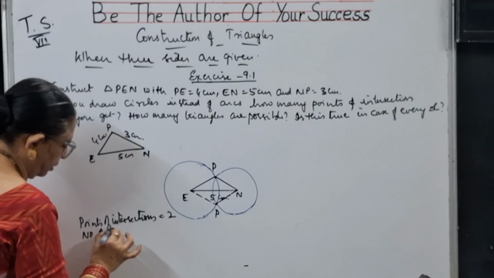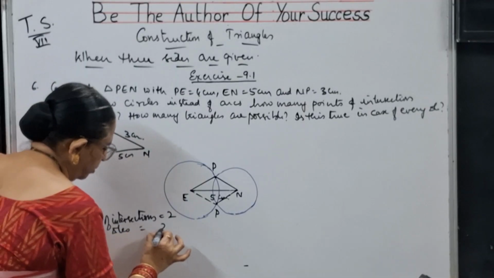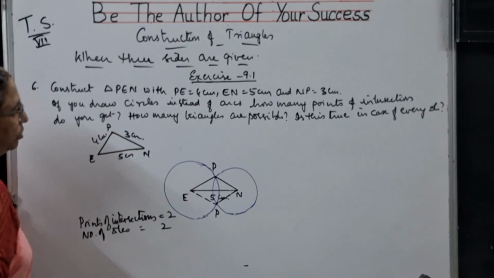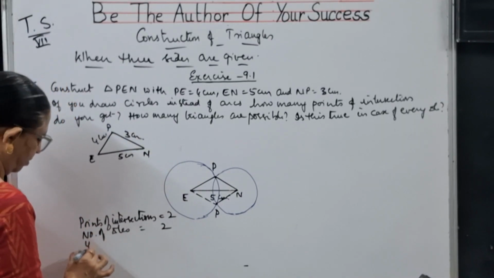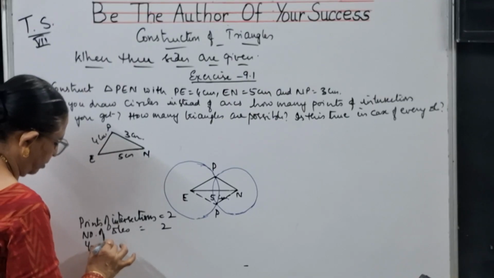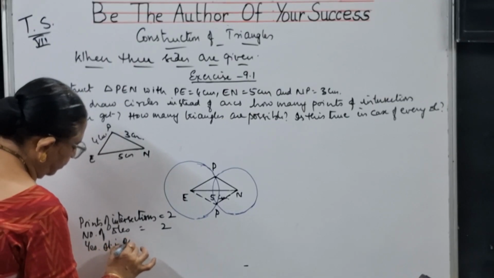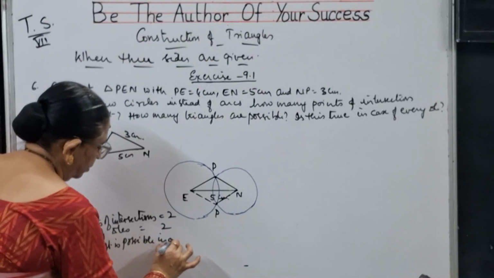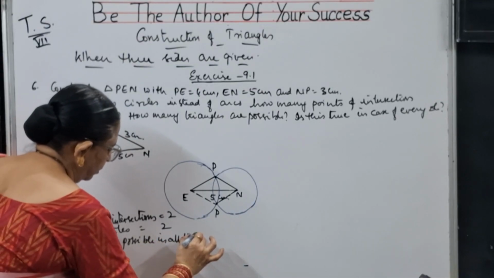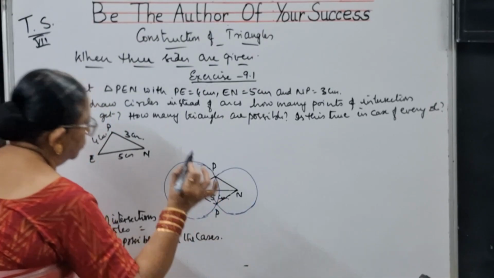Number of triangles. How many triangles you have got? That is also 2. Is it possible? True in all the cases? Yes, it is possible in all the cases.